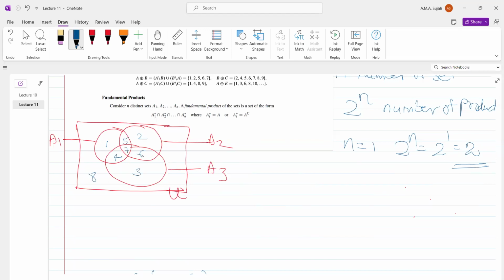So if I need to write all the 8 areas as a product of these sets, how can we write? First, we will find out what the 8 set areas are. So first one, how can we say this one?